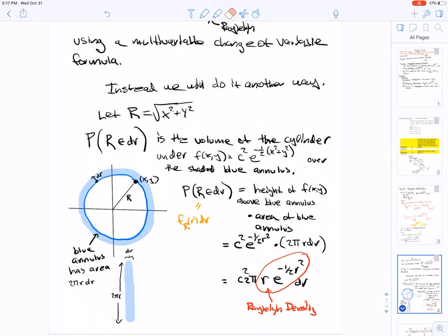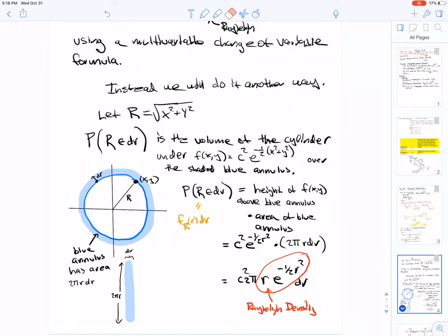So the probability that R is in dr is the height of the joint density above the blue annulus times the area of the blue annulus, and the height above is given by the joint density formula.